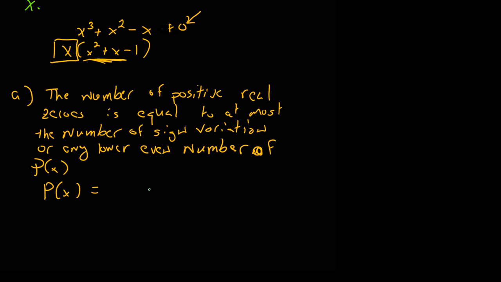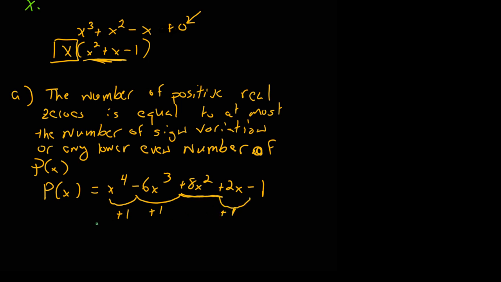We'll do this one: x to the fourth minus 6x cubed plus 8x squared plus 2x minus 1. So I start out positive and I change to negative. So that's 1. I'm negative and I change to positive. So that's 1 more. I stay positive, no change. And then I change to negative. So that's 1 more sign change. And so this is a total of 3 sign changes.